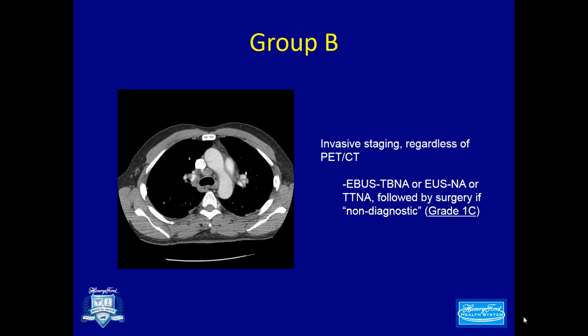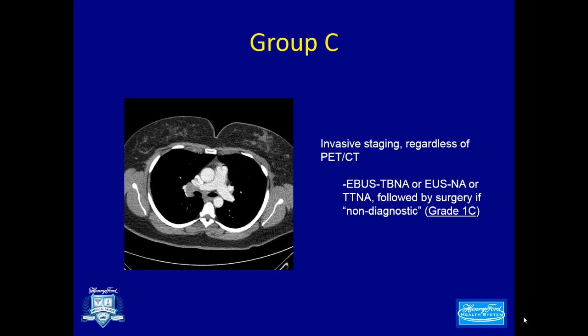The preferred is going to be EBUS, or if there is an 8 or 9 lymph node, then EUS, or any other technique that involves needle aspiration of the lymph node for mediastinal staging. And that's going to be followed by surgery if it's non-diagnostic. And by surgery, I mean mediastinoscopy or VATS.